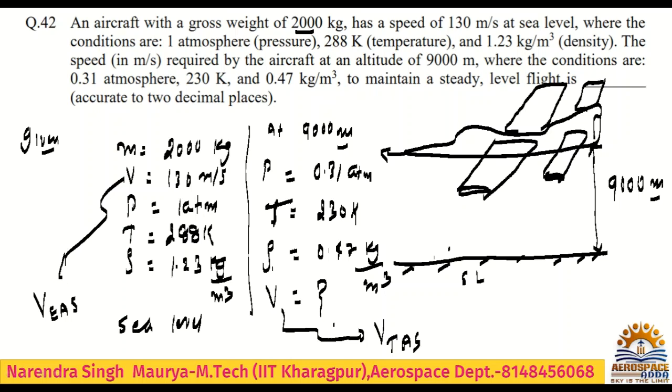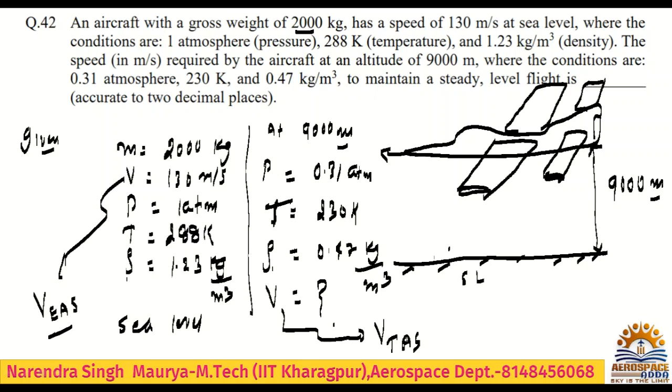And at sea level, for that particular density, the speed will be equivalent air speed. The aircraft is flying at this altitude, but the given speed is related to the sea level density, hence it is equivalent air speed. I hope you understood that concept, right?